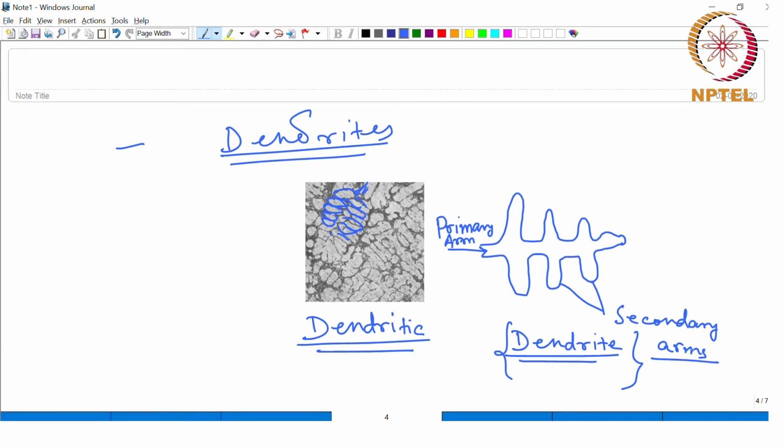And one parameter which can describe the size of this dendrite, and which is also used to describe the microstructure, whether it is fine or coarse, is the dendrite arm spacing, or the spacing between two successive secondary arms.